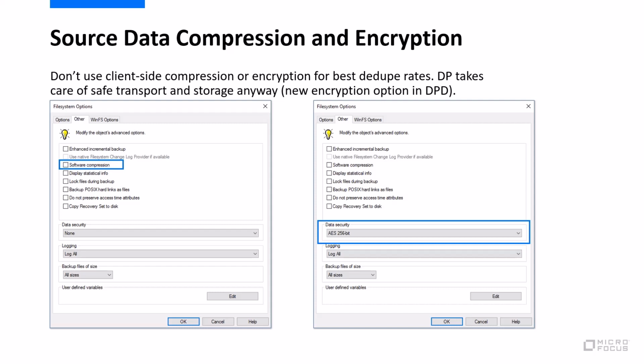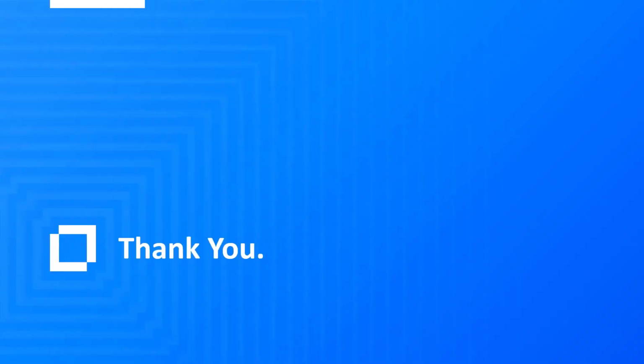Even though they are available, and for some configurations they might be important, deduplication will suffer if you turn those options on. On the other side, Data Protector supports general encryption for in-flight data, where data is encrypted, and then on the target side it will be decrypted again before it's stored on disk. If you turn this option on, it will not harm any of the performance of DPD and also the deduplication rate itself.